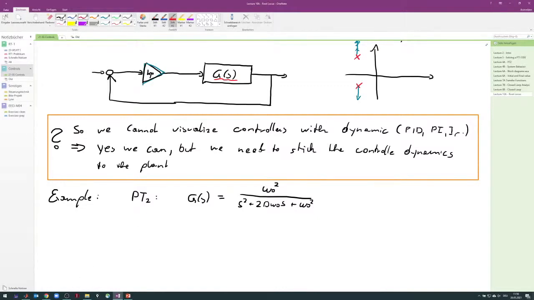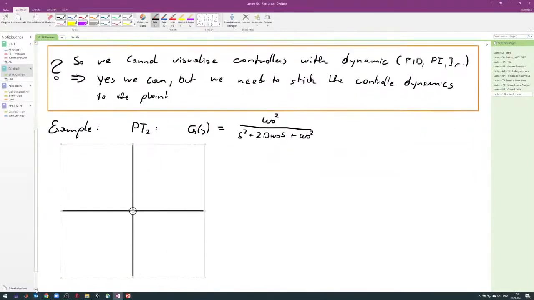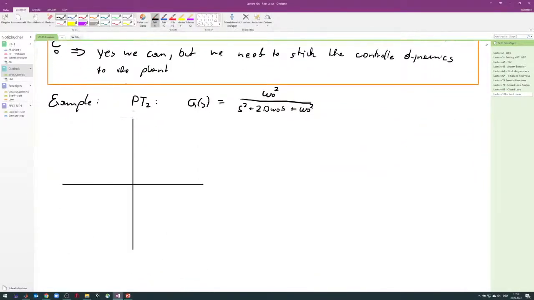Okay. And let's see. Take this. So if you draw the pole zero map, so real and imaginary part of this guy, it has poles somewhere. Let's do it in red, has poles here, right? And you know by now that if you would draw the root locus curve, this guy kind of looks like this.